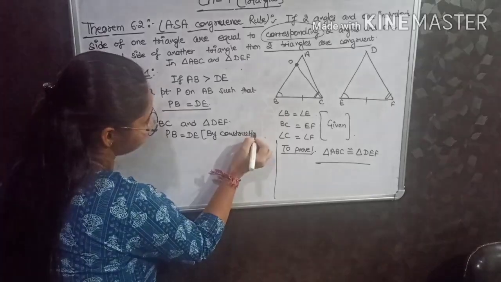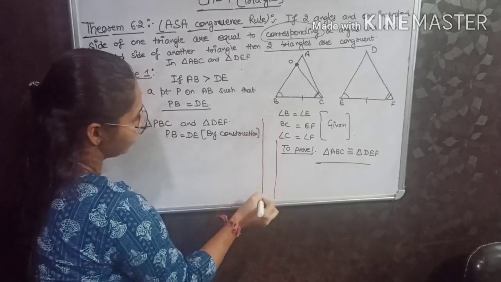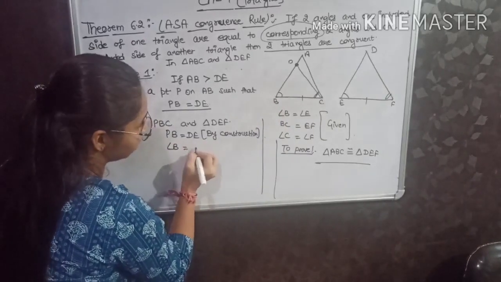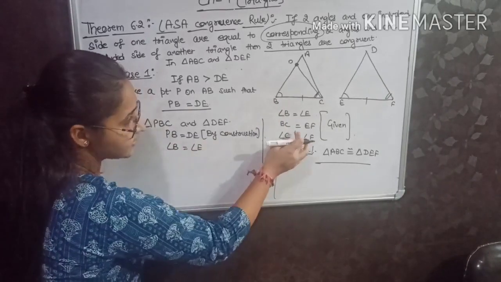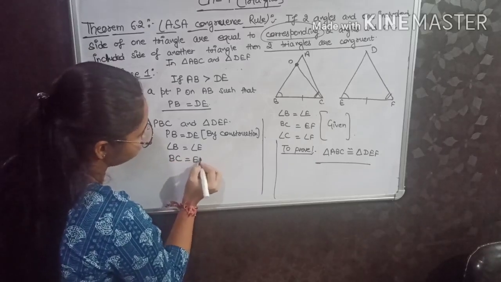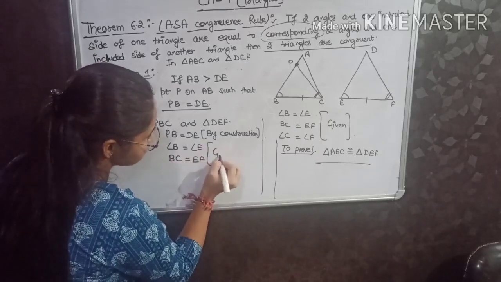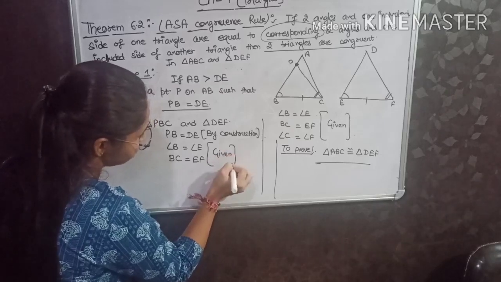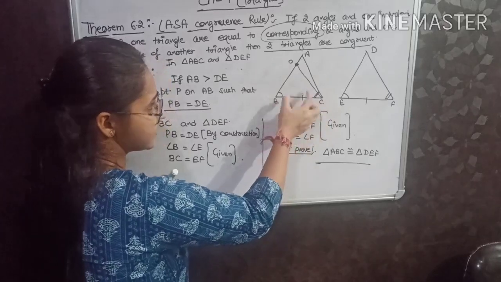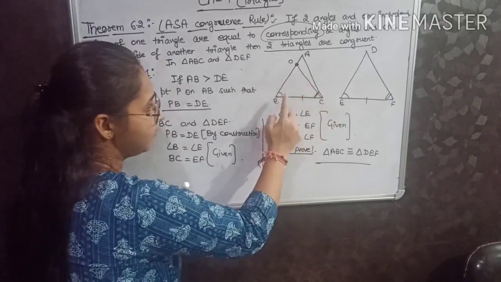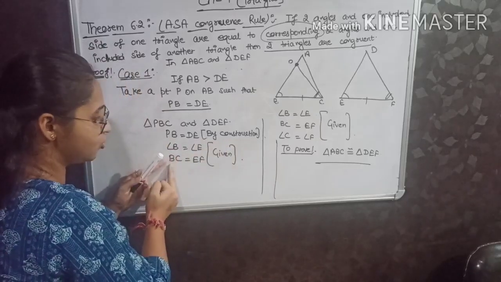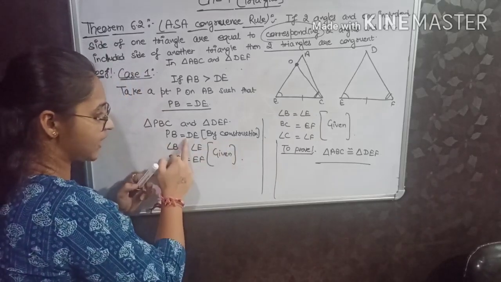And the same as you have done in the previous case, angle B is equal to angle E, I can write because it is already given. BC is equal to EF. These two things are given. See, where is the problem? If I am taking triangle PBC, BC is the side of triangle PBC, angle B is the angle of triangle PBC. So I can take these two quantities, and this is by construction.